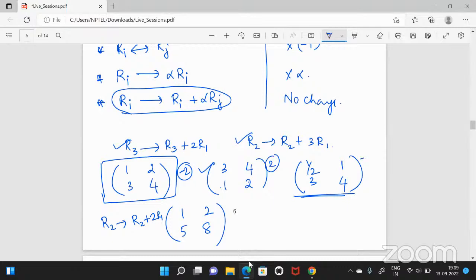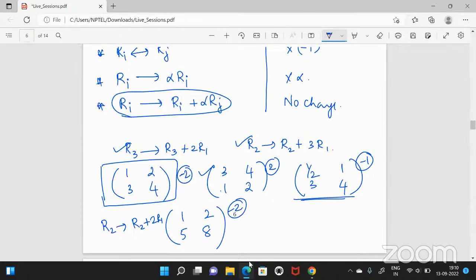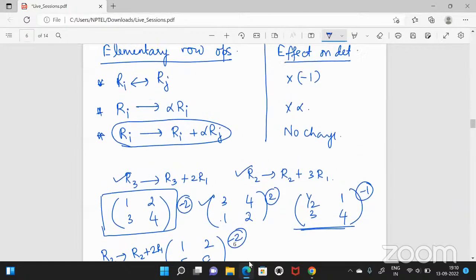Half times 4, 2, minus 3, -1. And what will be the determinant here? 8 minus 10, -2. So these are the elementary row operations and their effects on the determinant.